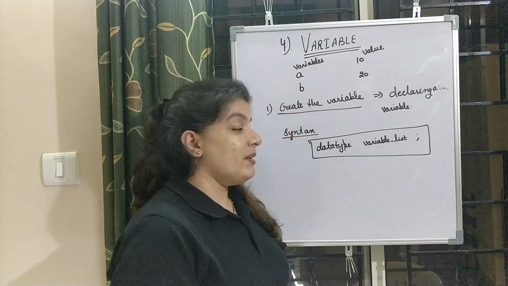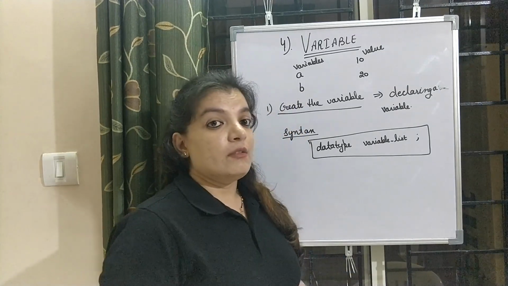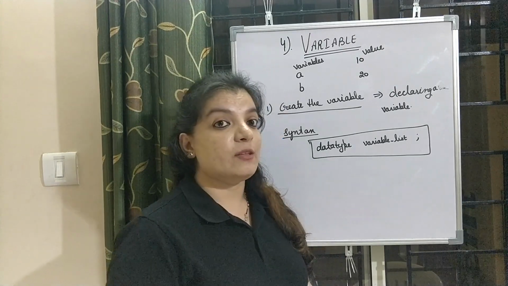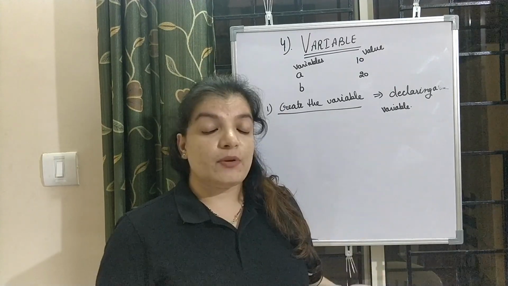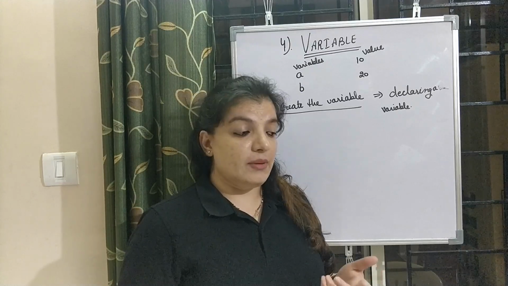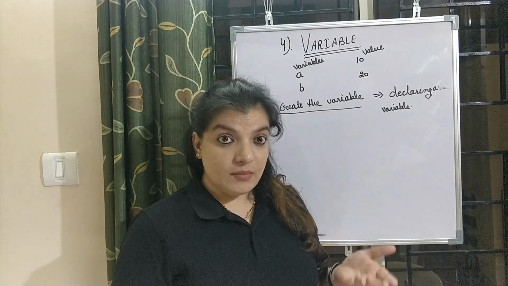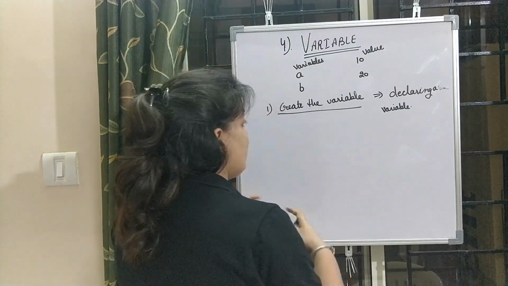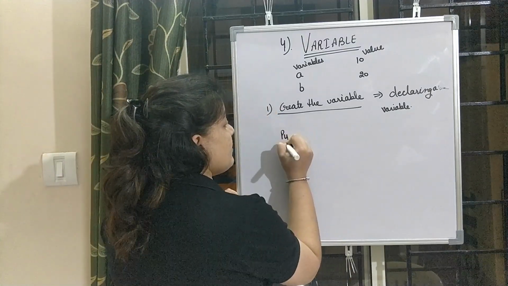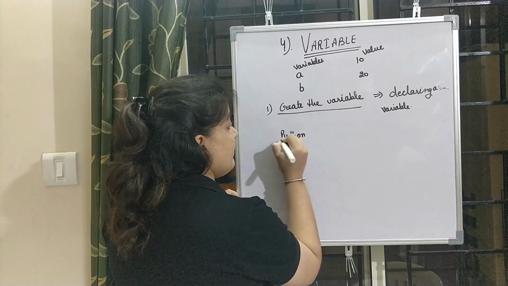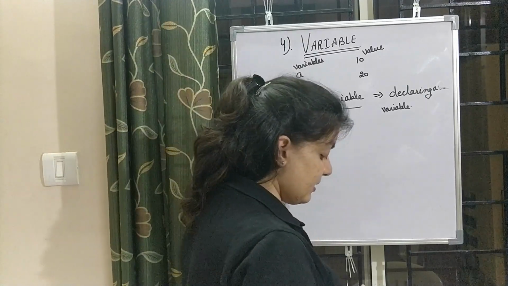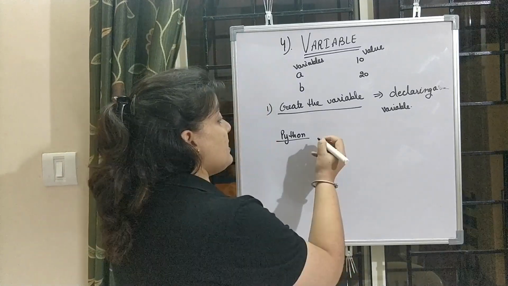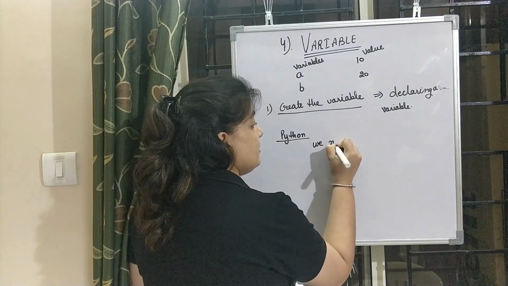In my previous video, I told you about the second feature of the Python programming language: Python does not make use of any keywords to specify a particular data type. So when we are writing a program using Python, we don't need to declare a variable.